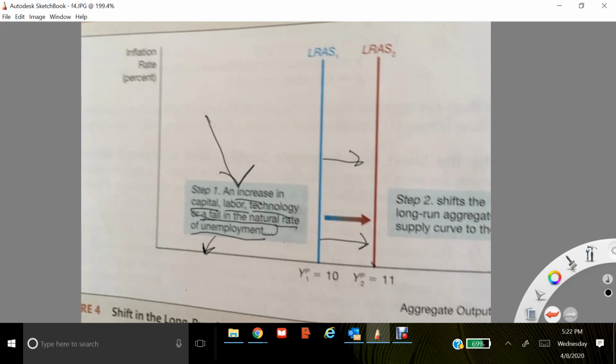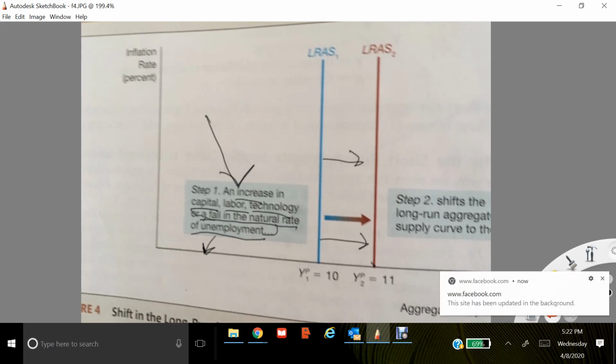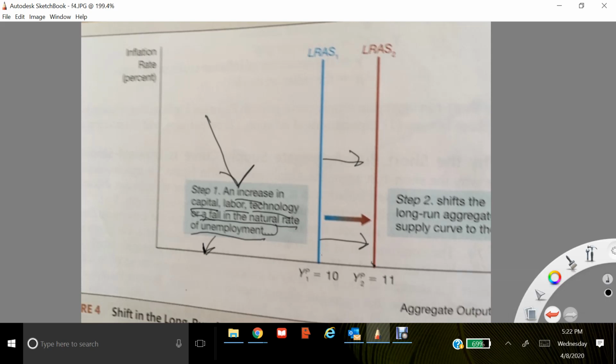And so if that occurred, people didn't have to spend as much time looking for a job in general. That would also be a factor in shifting the long-run aggregate supply curve to the right. Okay, so that's how those four factors would shift the long-run aggregate supply curve to the right. Okay.